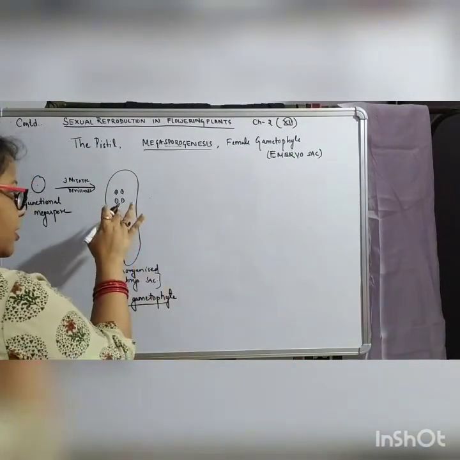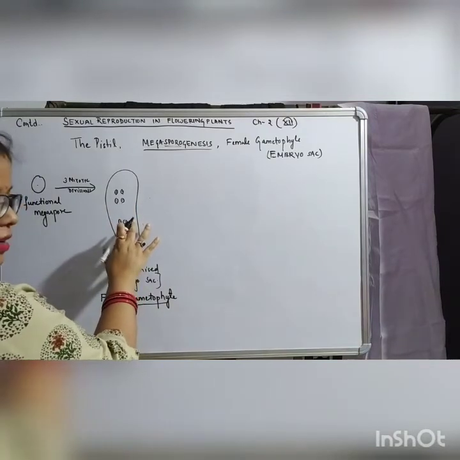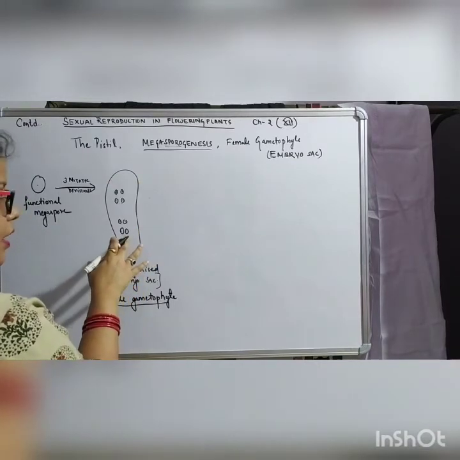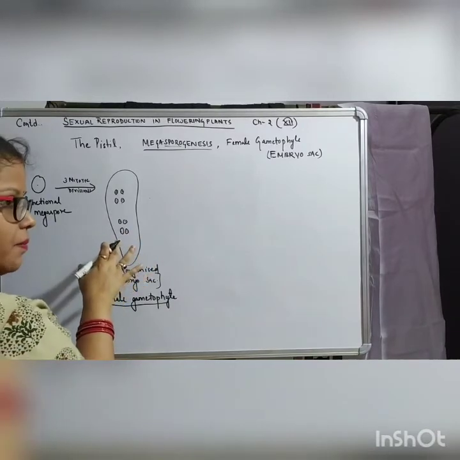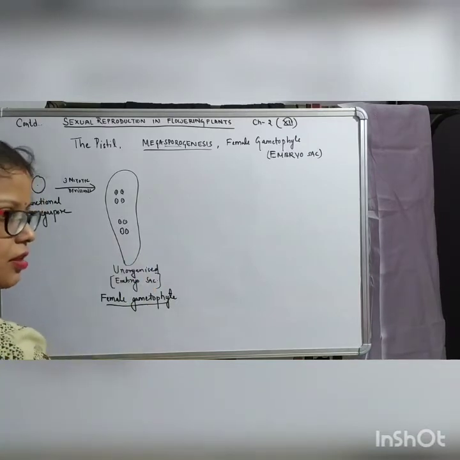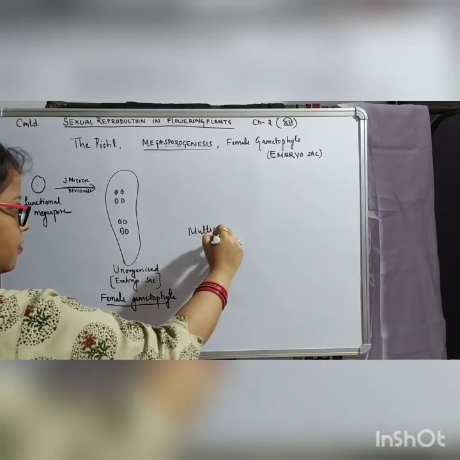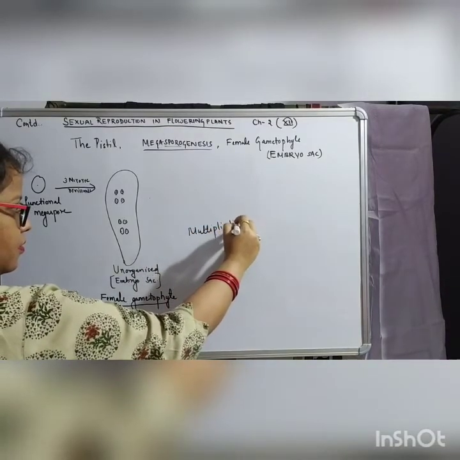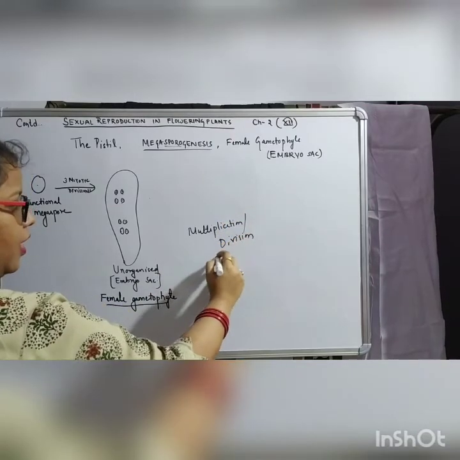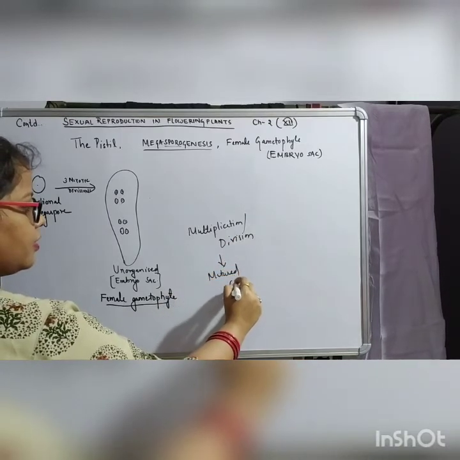So for this particular diagram we are just going to do little rearrangements. Now we have got all these daughter cells. No more addition would be there, but little rearrangement would be there. We have known that there are 3 phases in the growth phase: one is multiplication and division, and finally matured cells we are getting.